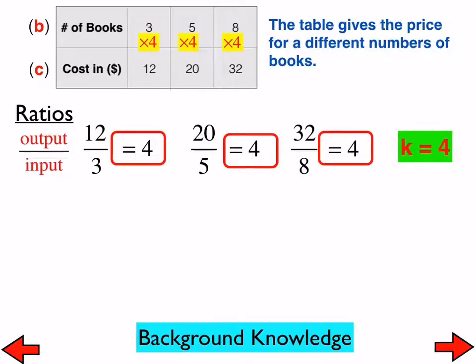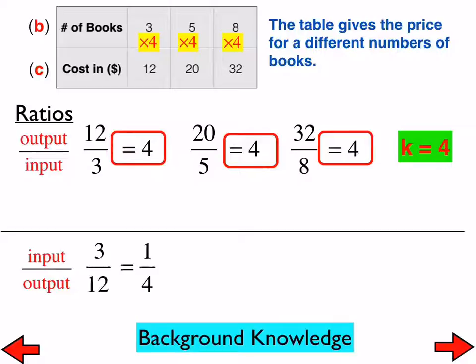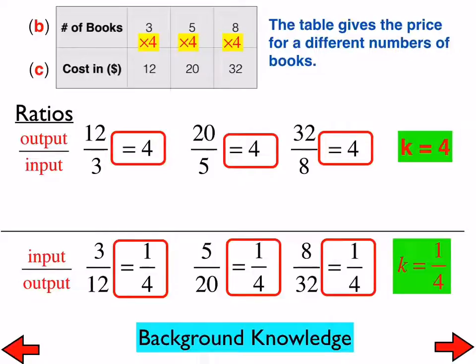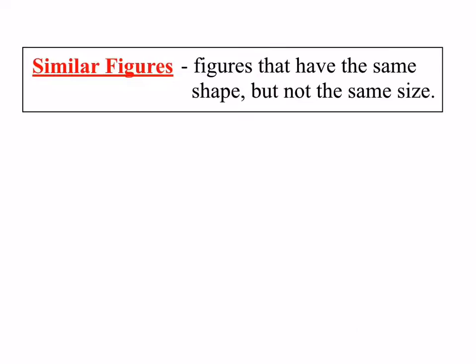And that idea of a constant multiplier or a multiplier is not going away because we're going to apply that today. And once again, we could also compare input over output, but that only gives us the constant of proportionality going the other direction. And the better unit rate here is clearly cost per book. But in both situations, it gives us a constant multiplier.